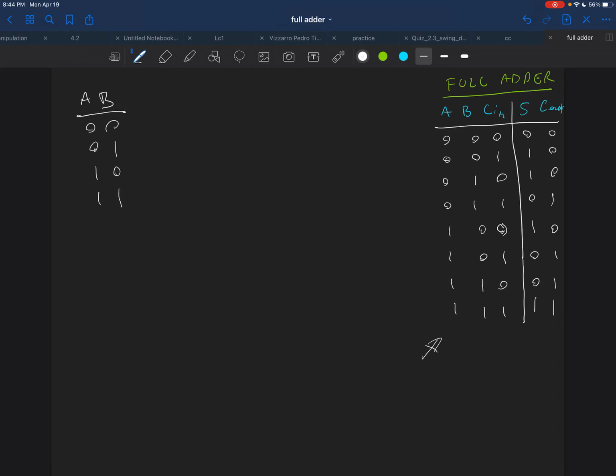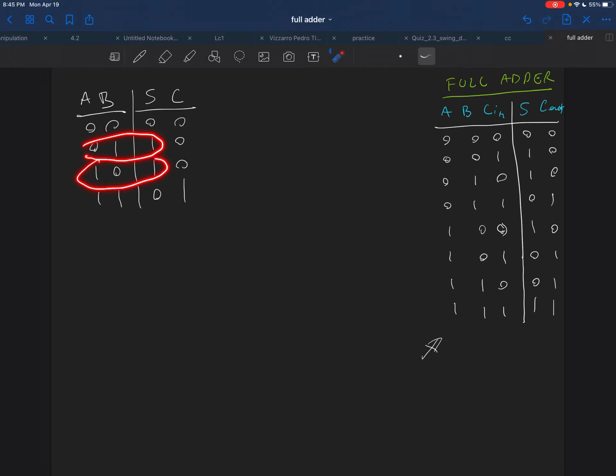Now, you could also notice that when we have the half adder, we have this pattern, right? C out 0, 0, 0, 1. Now this is when you add them, right? You get 1, and then when you add 2 ones, it carries over.